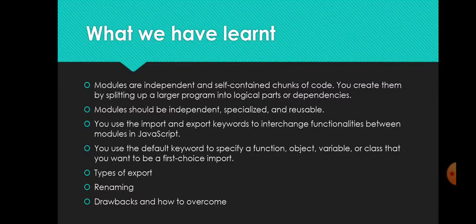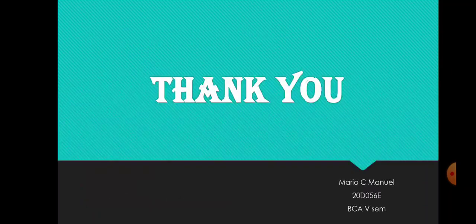Finally, we had a quick glance at the drawbacks of modules, and we should be very clear about the usage and how to proceed further. And this is all. Thank you.